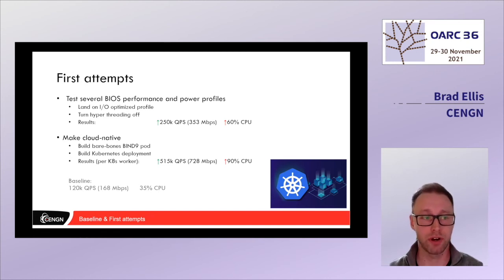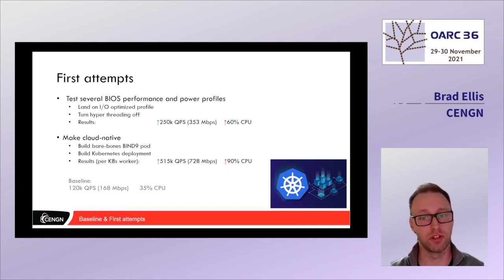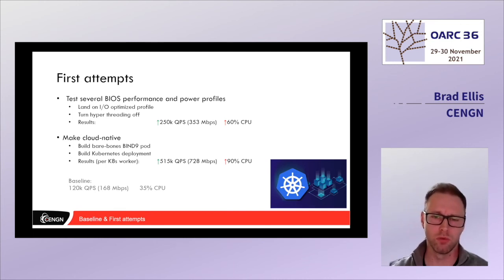We turned hyperthreading off, and we saw just over 100% improvement in that we were able to get around 250,000 queries per second, although that did up the CPU utilization to about 60%. So with that, we started to see a bit of an issue where we could get better numbers, but CPU was growing roughly linearly with those.